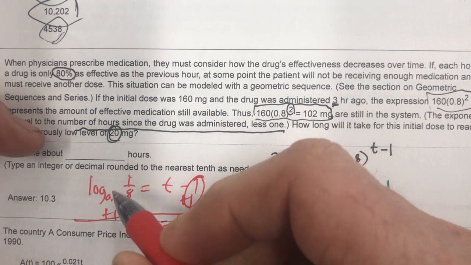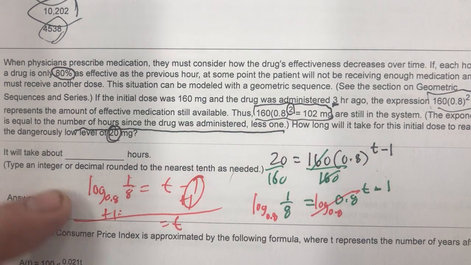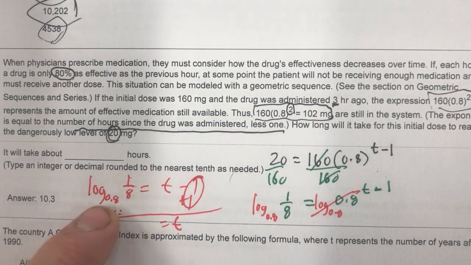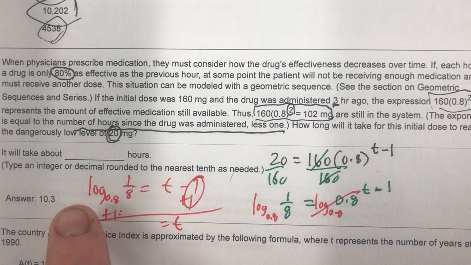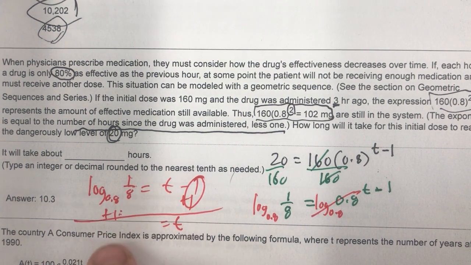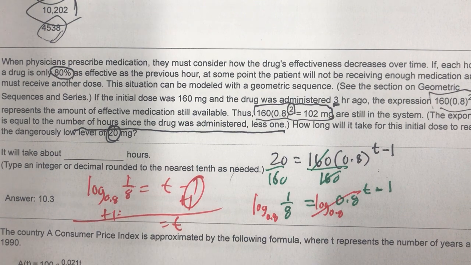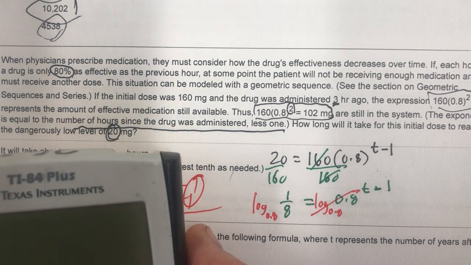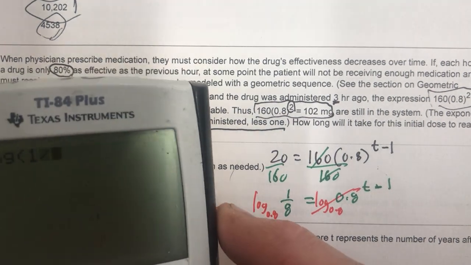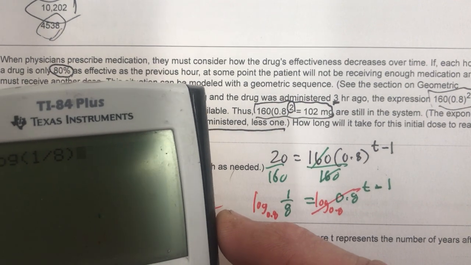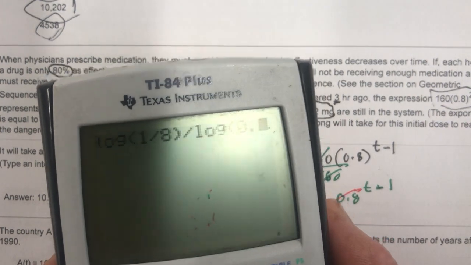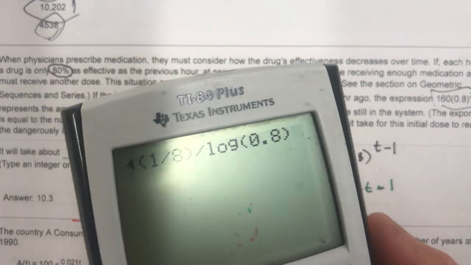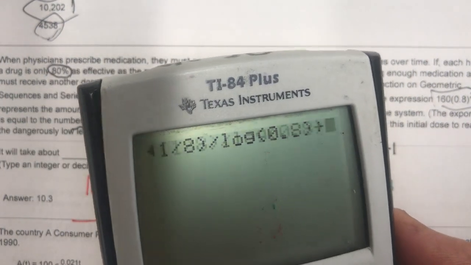So t equals, now when I add this 1, I can't add it to that 1/8. I can't add it to any of these numbers up here. I just have to keep it separate. So remember, when we type this in, I do log of 1/8 divided by log of 0.8. All right, so let's try that. Log of 1/8 divided by log of 0.8, and then I'm going to add 1.